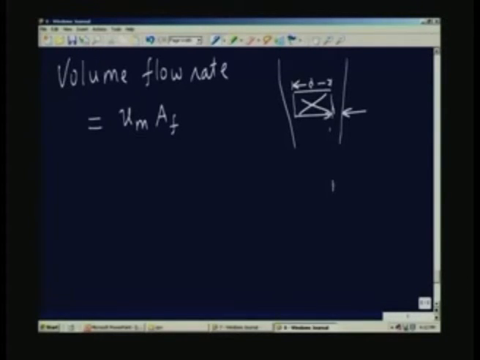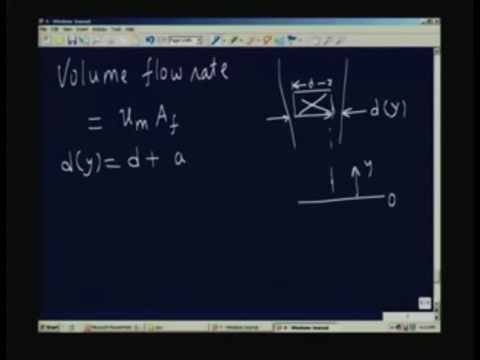If the local diameter is D, which is a function of y, measured from the bottom from some datum, I will say D at y is equal to, let us say, D plus some a y, where a is called the taper parameter.